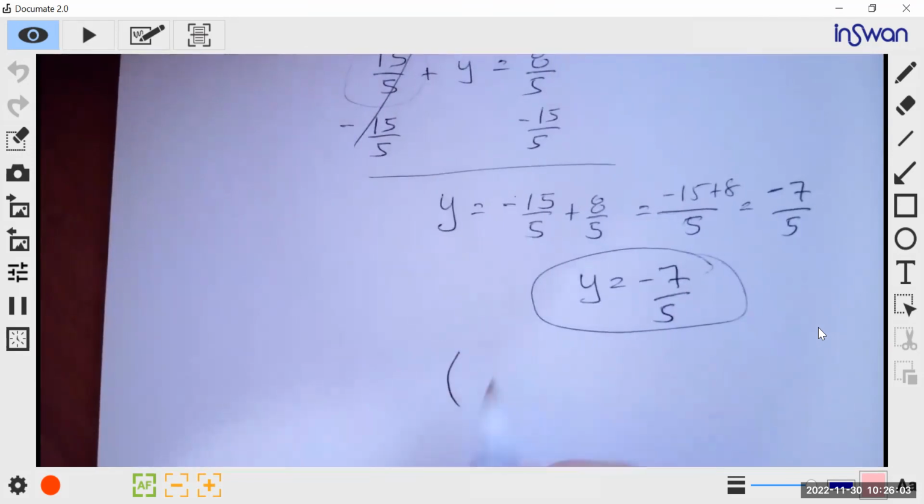So the point of intersection is going to be at 15, -7/5.